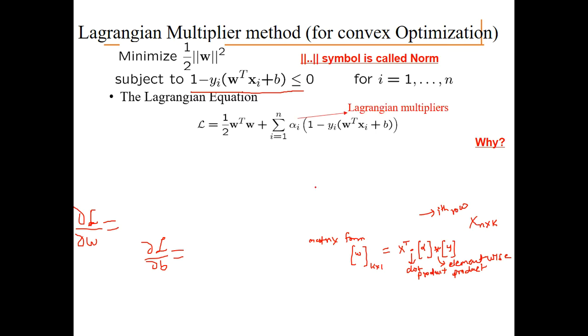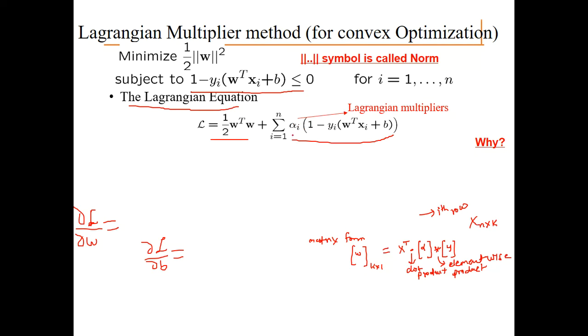Now first you construct the Lagrangian equation taking the objective function as well as the constraints. Now differentiate this Lagrangian equation with respect to parameters w and b. Here the constraints are inequality, so we cannot differentiate with respect to alpha.